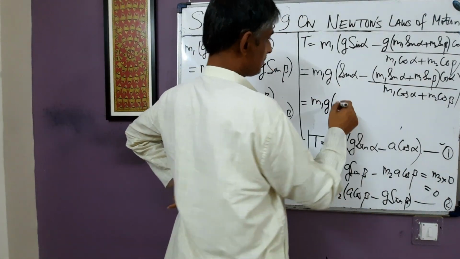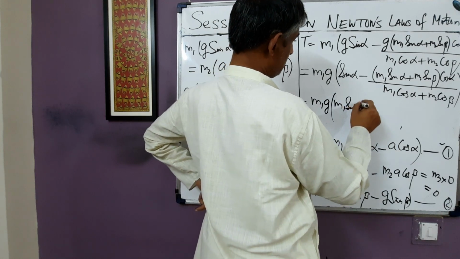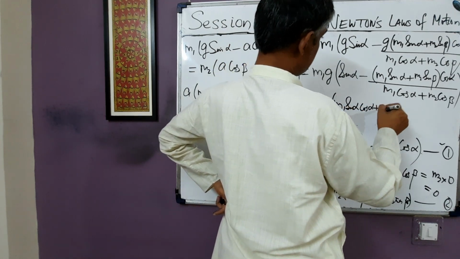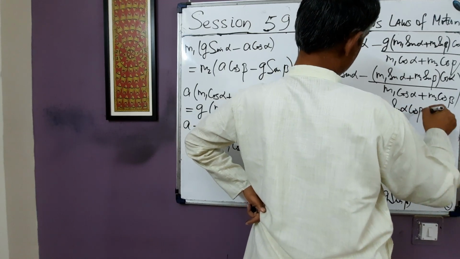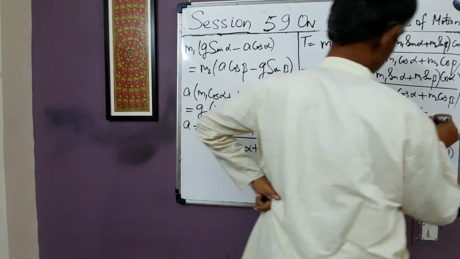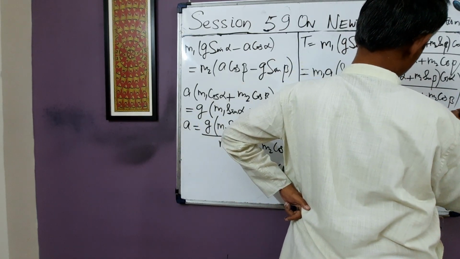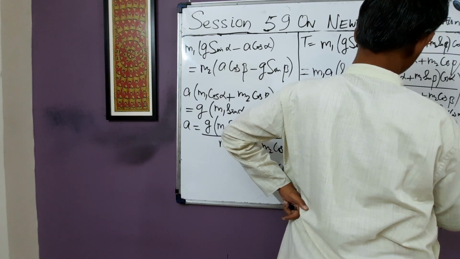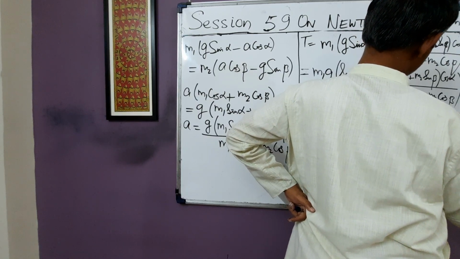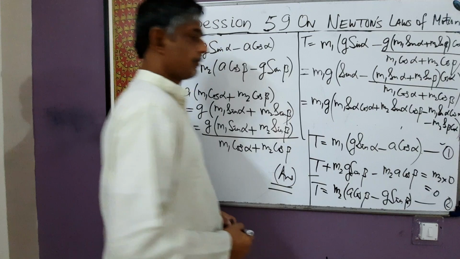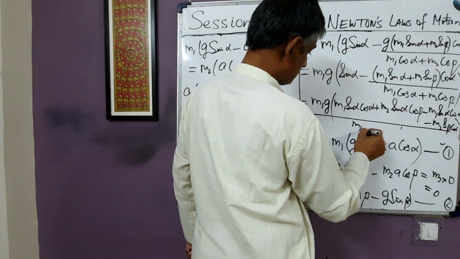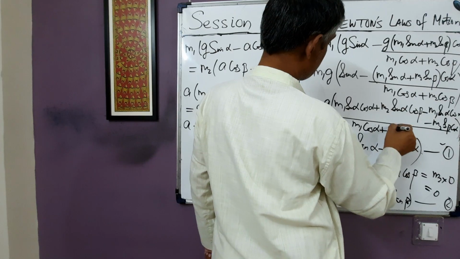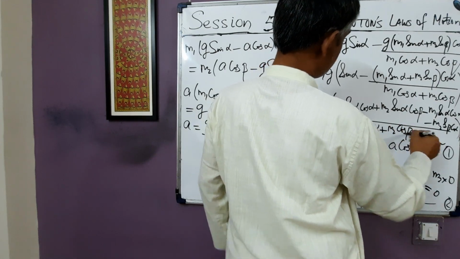Now multiply this: M1 sin alpha cos alpha, M2 sin alpha cos beta, minus M1 sin alpha cos alpha, minus M2 sin beta cos alpha. Upon this quantity M1 cos alpha plus M2 cos beta.